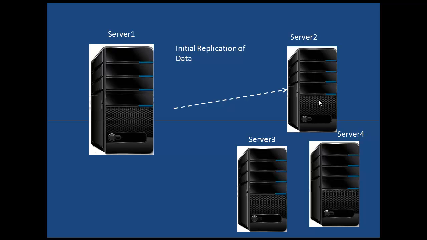On server 2, every single file has to be scanned and a hash made of that file. The hashes for the files are stored in a database on server 2.